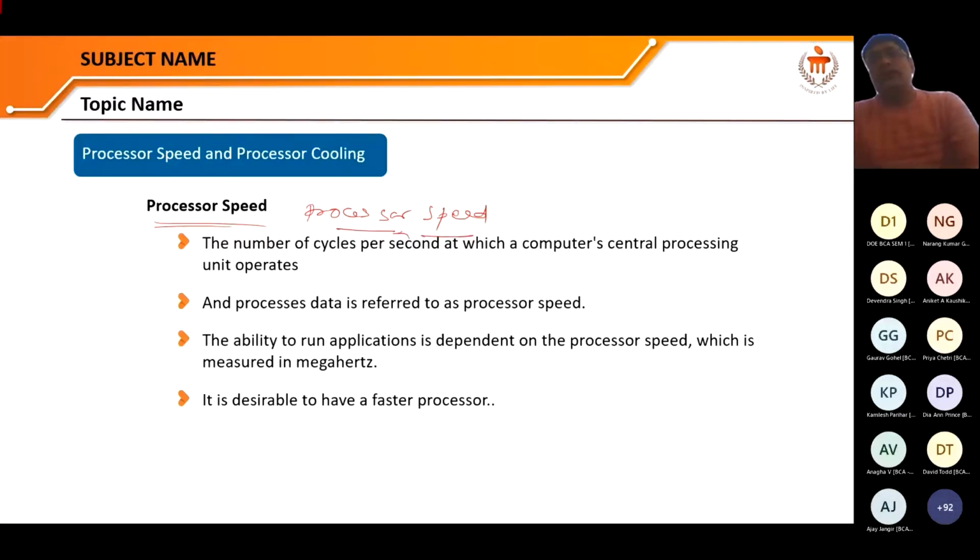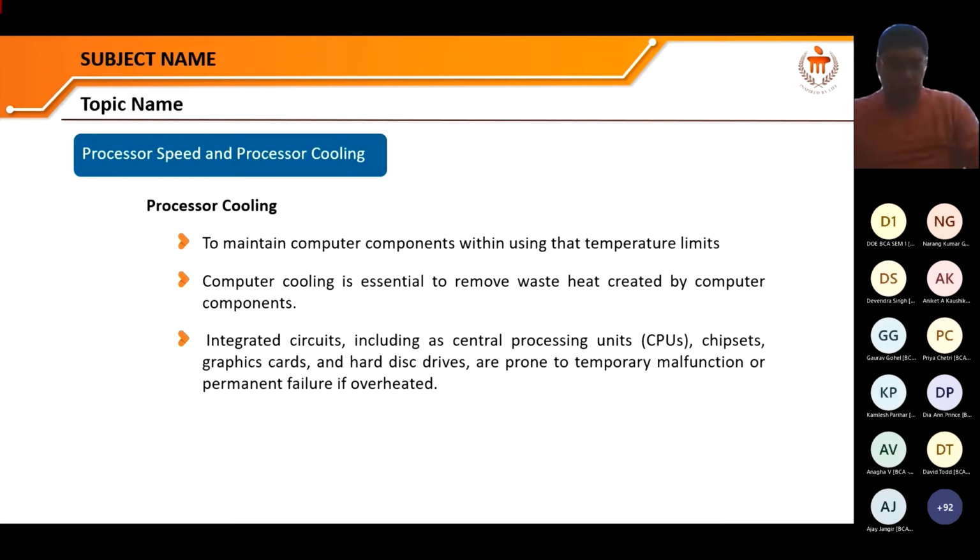Suppose we are running on a track. If we walk at 4 km per hour, we will cover only 4 kilometers. If we walk at 8 km per hour, we will cover 8 kilometers of track.